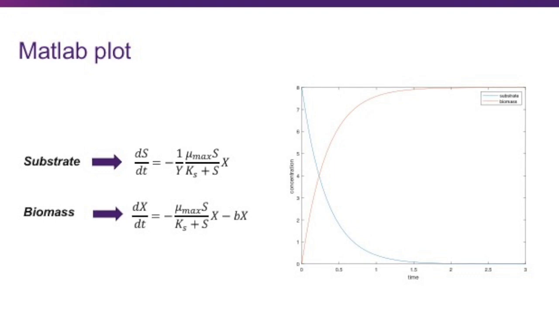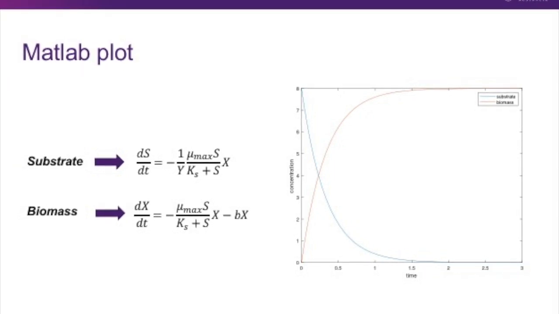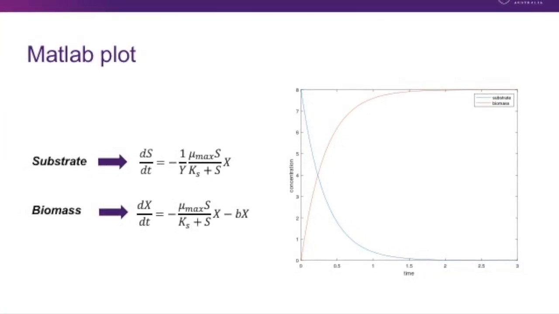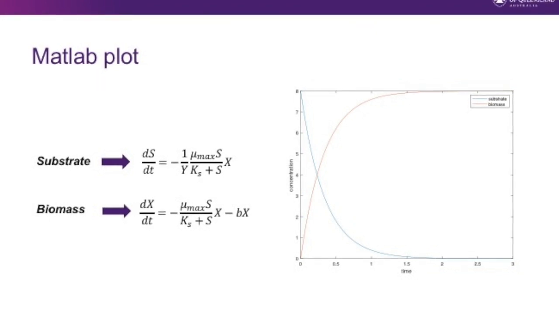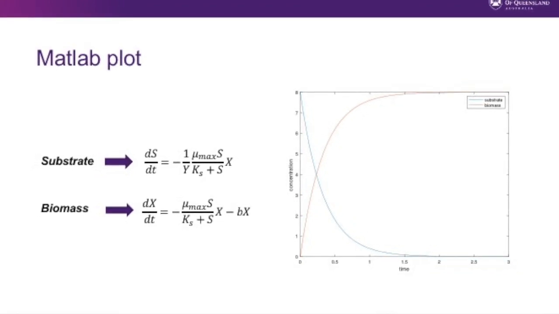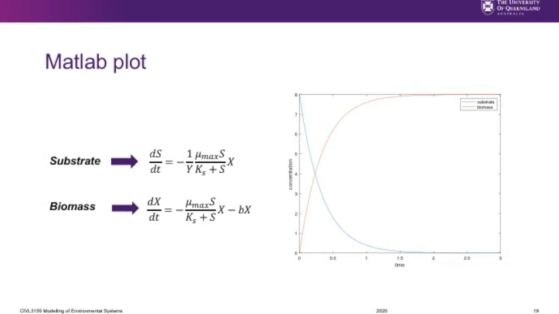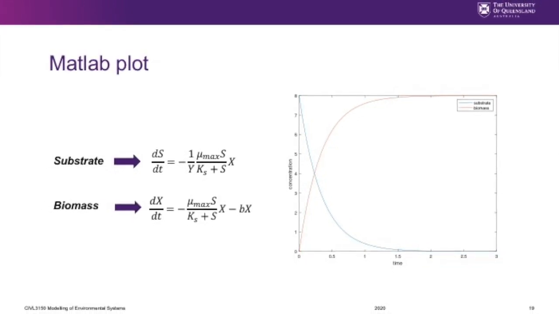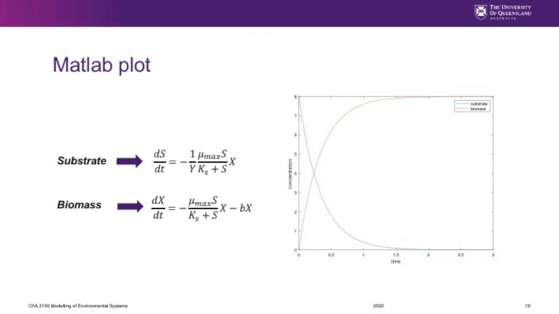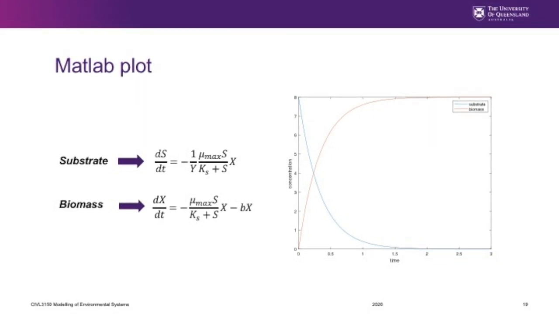So this is not yet an environmental model, but more just the plot of the description of these equations in terms of concentration, that can lead us to the description of the increase in the biomass as a function of the depletion of the substrate. All right?